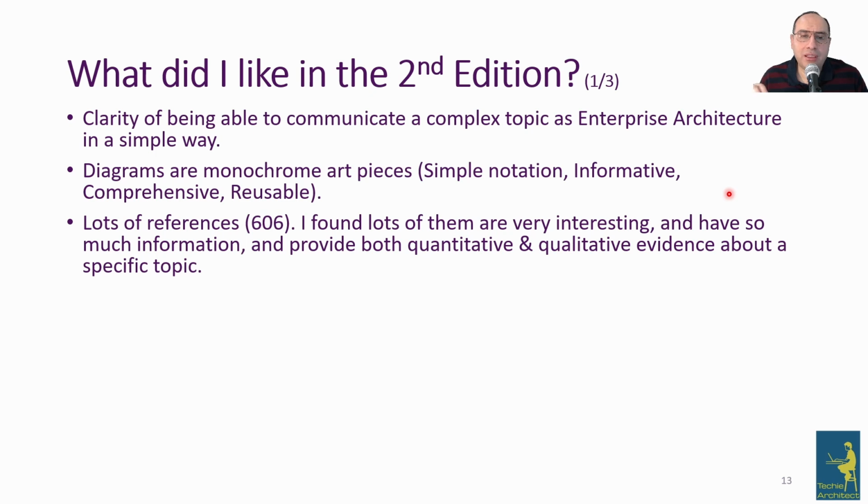When the author mentioned a specific statement as a fact, and I wanted to make sure of it, I would go to the reference mentioned in the book and start reading, and I found a lot of information. I even discovered very good websites providing a lot of information about enterprise architecture that I did not know about before reading this book.